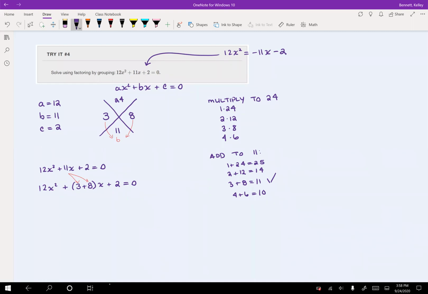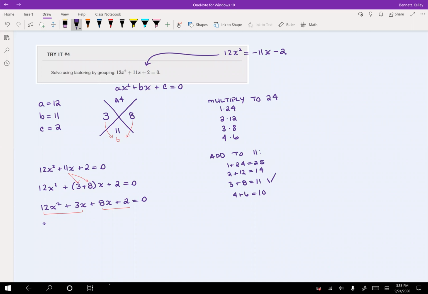Then I'm going to give each of them their own x through distribution. So it's really 3x plus 8x. And then I'm going to pair them up, the first two and the last two. And I'm going to look at the first two. I'm going to say, what's the most I can factor this? I can definitely pull out an x, but I can also pull out a 3 as well, because 3 goes evenly into 12 4 times.